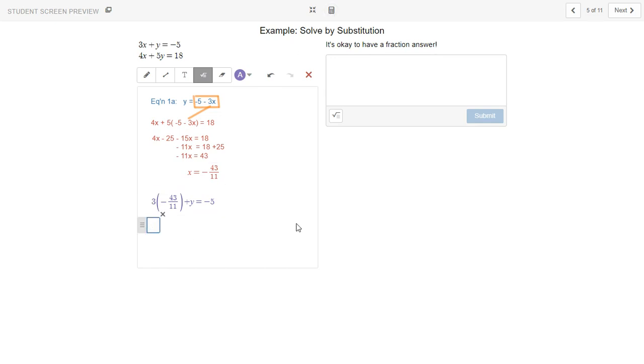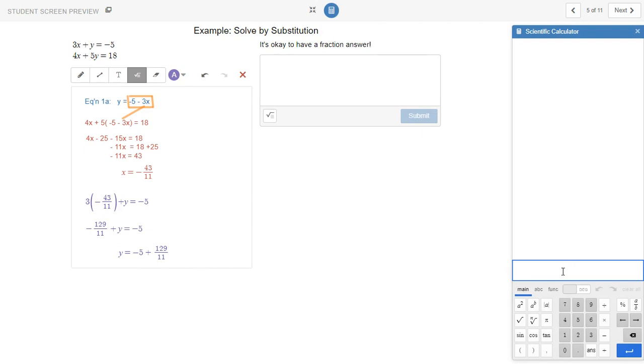Let's simplify as much as we can. Negative 129 over 11 plus y is equal to negative 5. So y is equal to negative 5 plus 129 over 11.